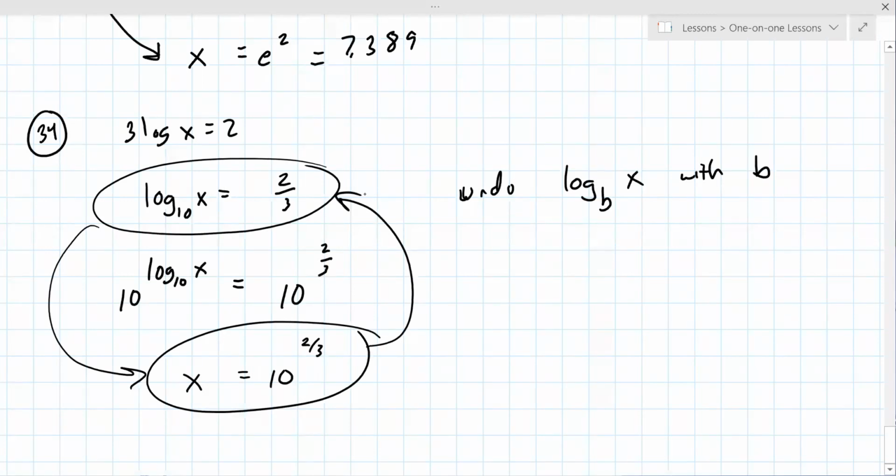Maybe you don't remember that now. So x equals 10 to the 2/3. 10 is like the e in the previous problem. Oh, okay. And then you can put that in a calculator. Get like 4.6. Yep.